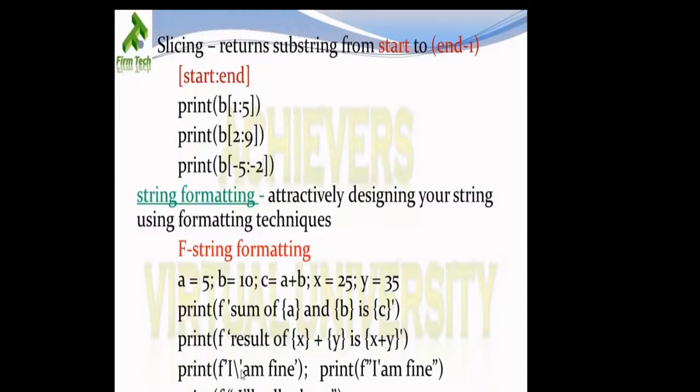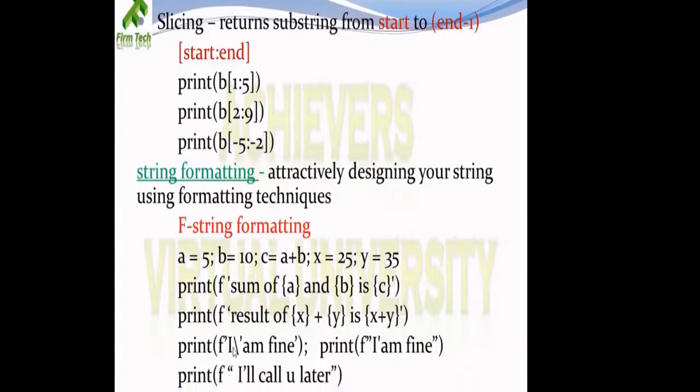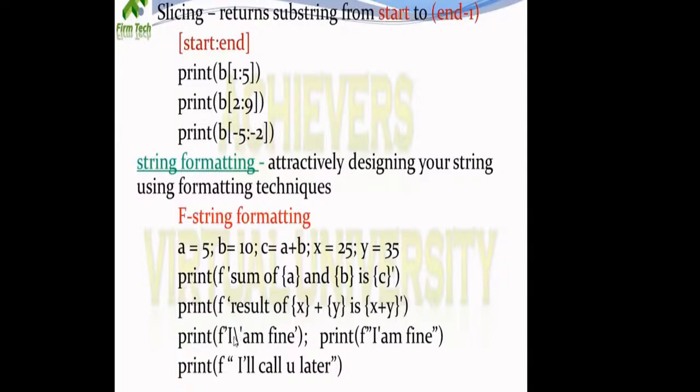And if you want to print "I'm fine", and we have represented this string with single quotes, then between I and m, I should use a single quote. So to avoid the confusion, we are using an escape character, or backslash, before this quote, or we can write it in another method.